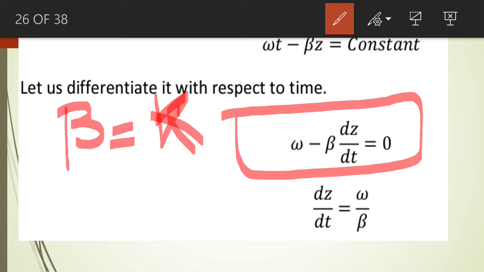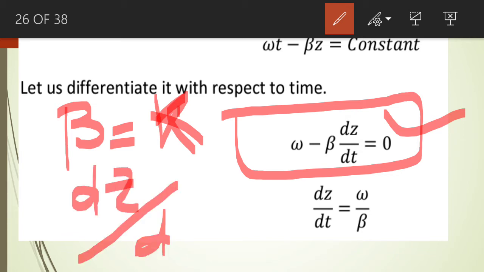So omega minus beta into dz by dt will be equal to 0. And if we simplify this equation, then dz divided by dt will be equal to omega divided by k. So dz by dt will be equal to omega divided by k.